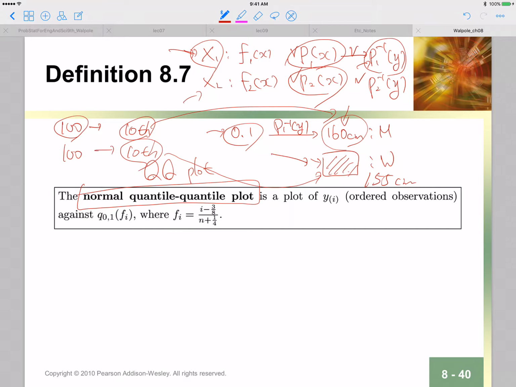This value will likely be smaller than the men's height because usually women are shorter than men, right?